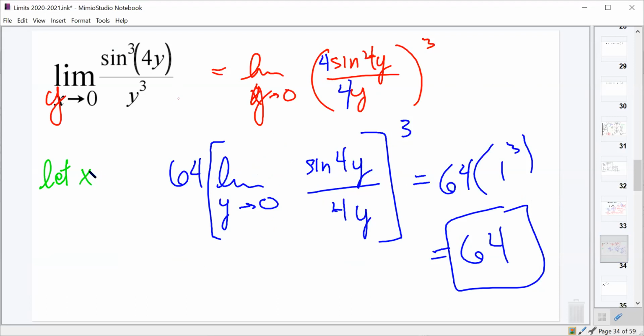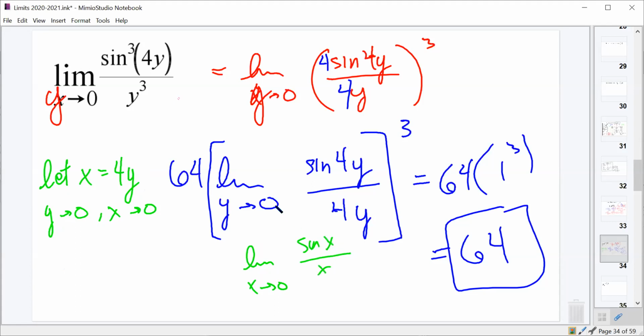Because we don't have an x in this problem. Let's let x equal 4y. We'll just make a substitution. And that tells us if y is approaching 0, then x, which is 4 times y, is also approaching 0. And so that will turn this piece of it into the limit as x approaches 0 of sine x over x. That's just this piece right here. And we know this one is the one we proved with the sandwich theorem to be 1. Does that make sense? Does that help?